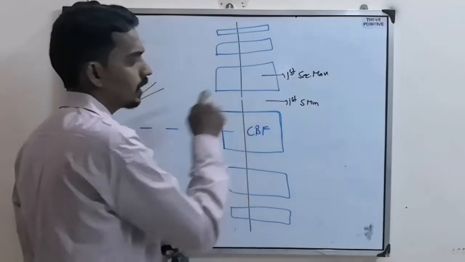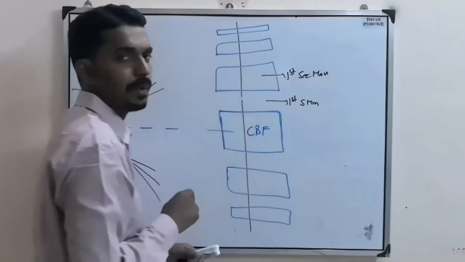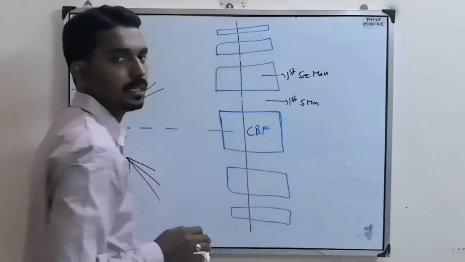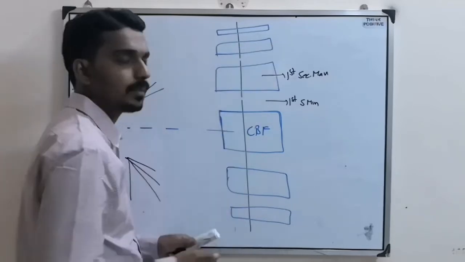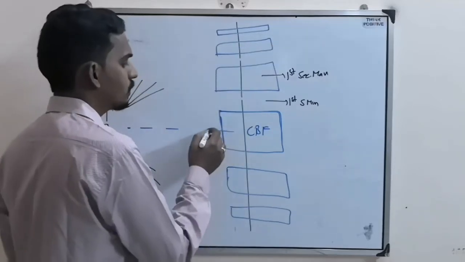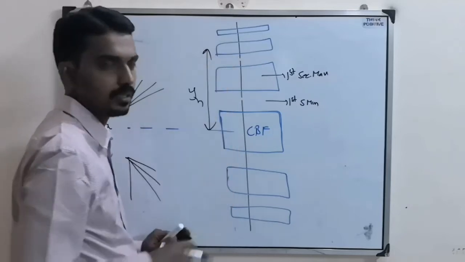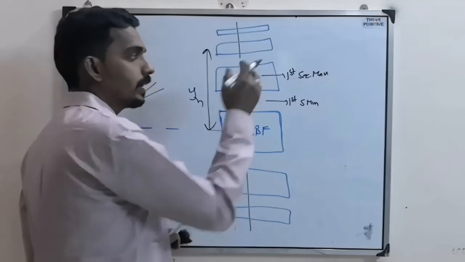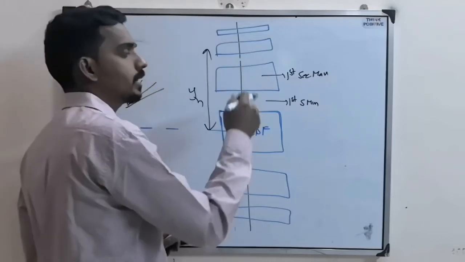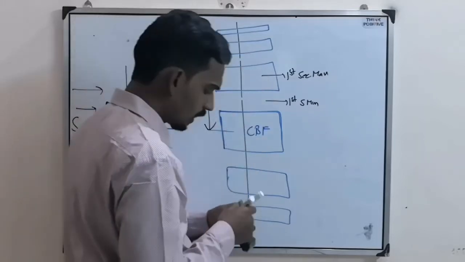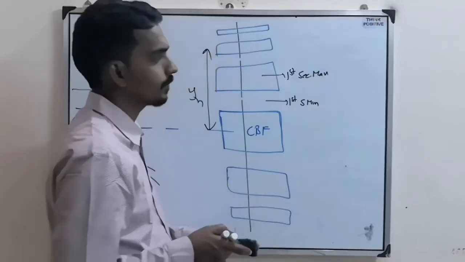So first secondary minima, first secondary maxima, then second secondary minima, second secondary maxima, and so on. Here also, from the central fringe, what is the distance of one particular fringe, maybe the third secondary maxima or third secondary minima? But here the condition will become reverse.